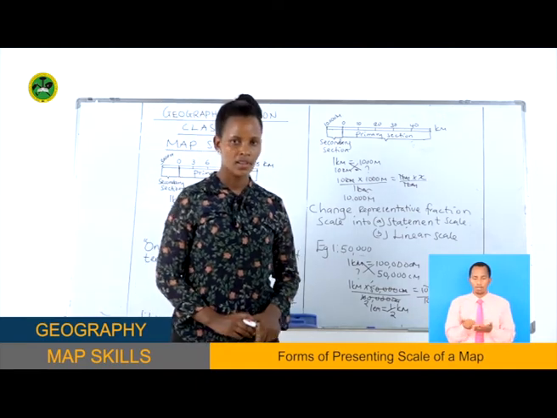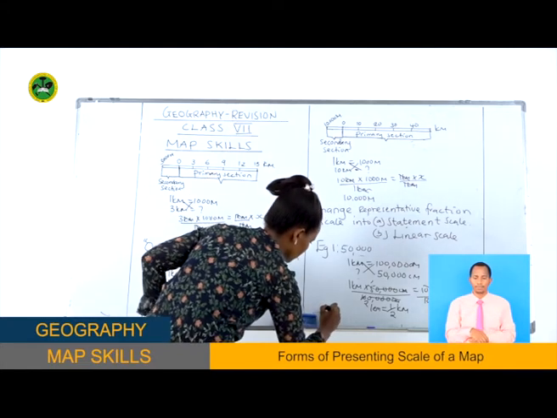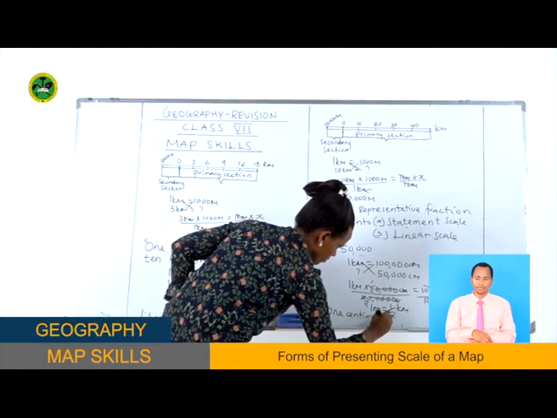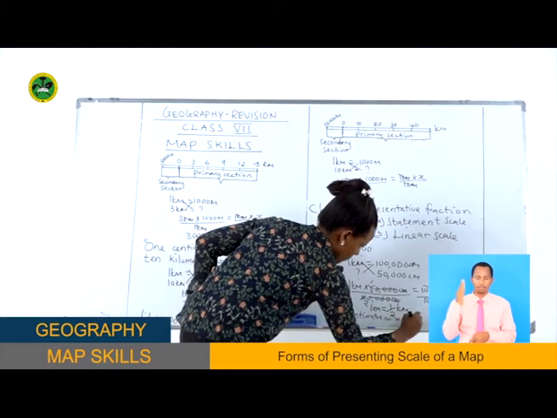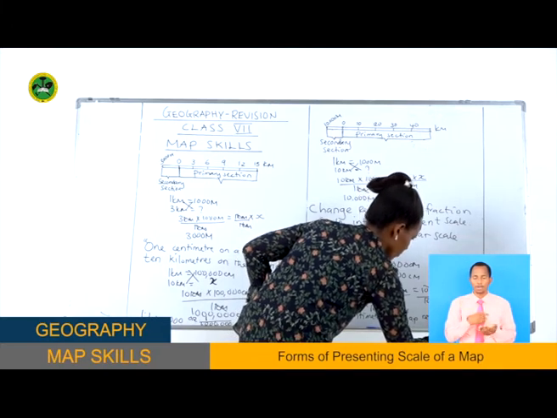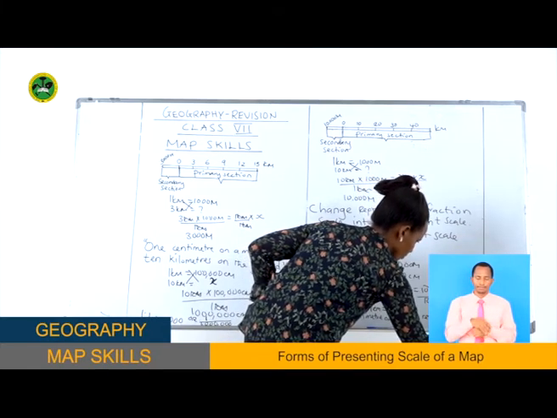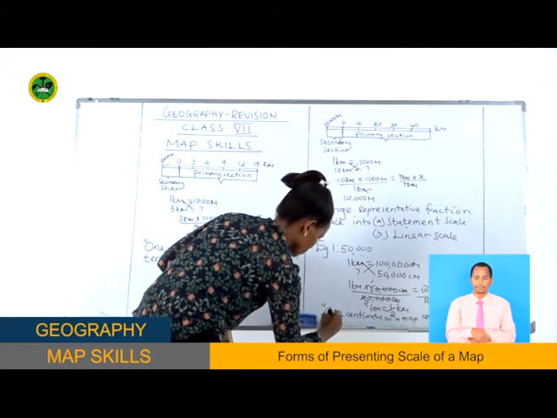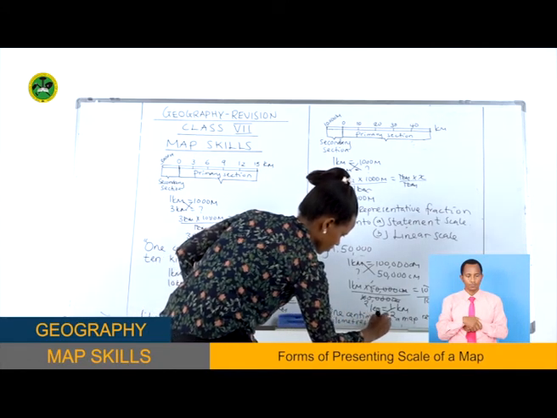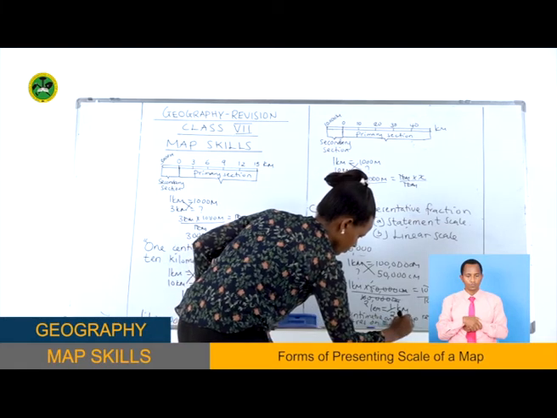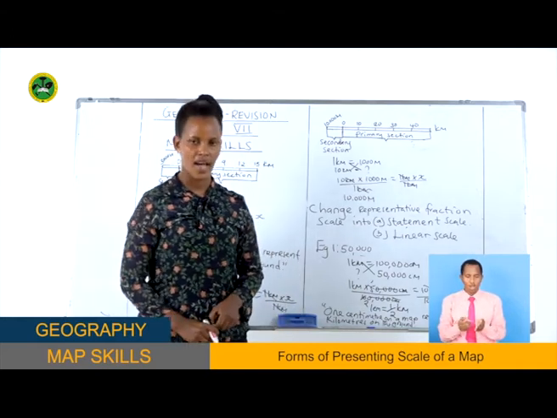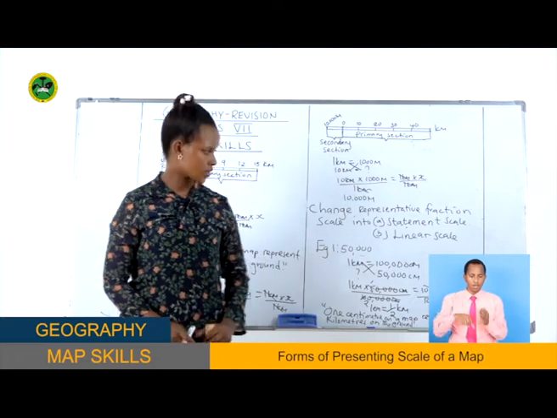So it should read like this: 1 centimeter on a map represents a half kilometer on the ground.